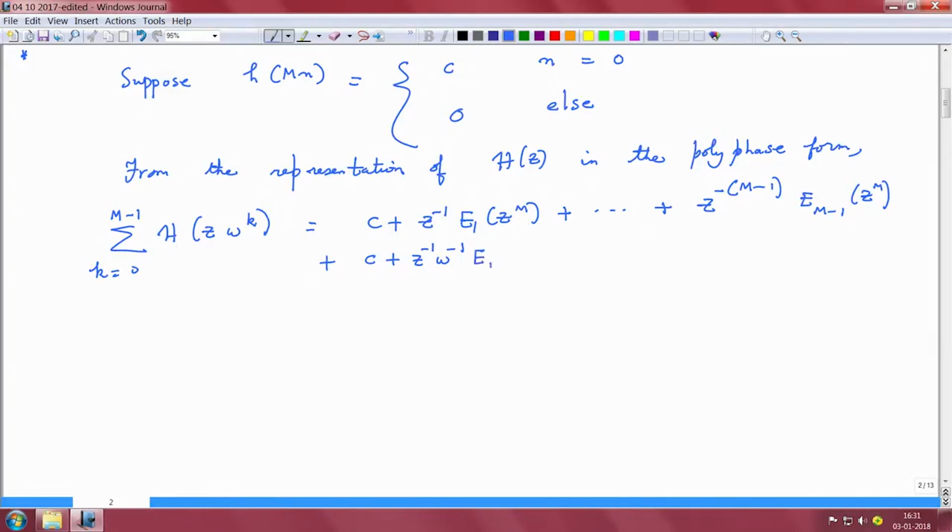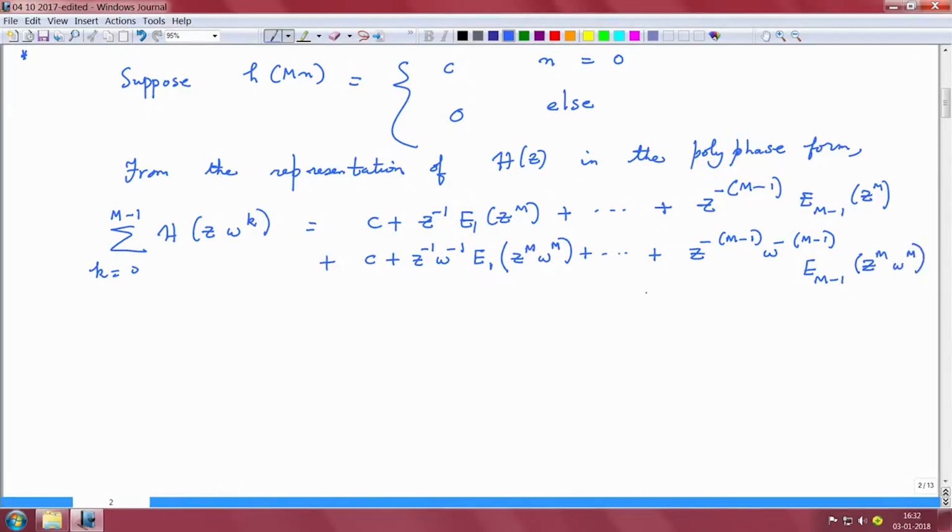You have E1 of z power m omega power m plus dot dot dot z power minus m minus 1 omega power minus of m minus 1 E m minus 1 of z power m omega power m.